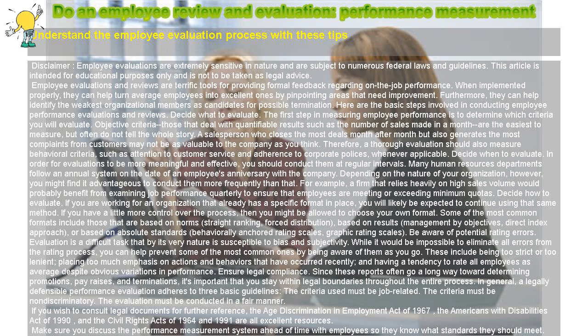Make sure you discuss the performance measurement system ahead of time with employees so they know what standards they should meet. You may also want to make suggestions to your workers about how they can benefit from an employee performance review.